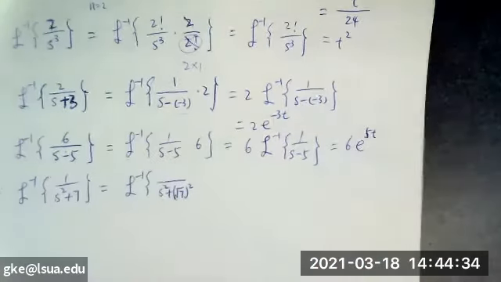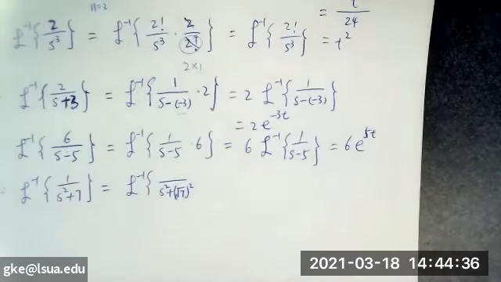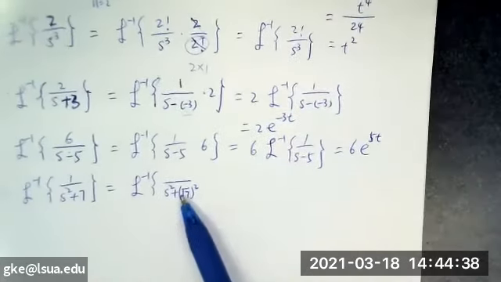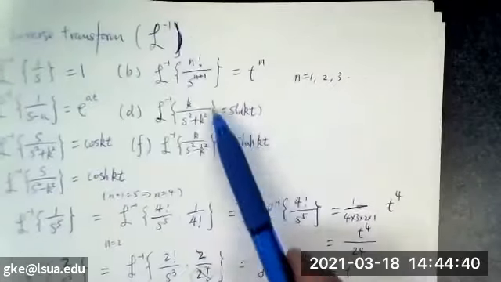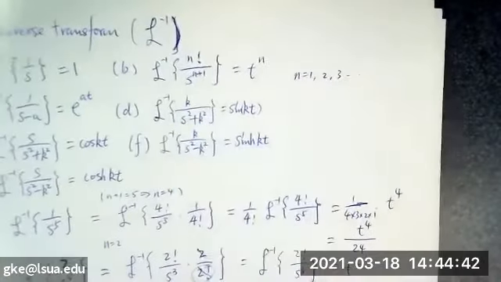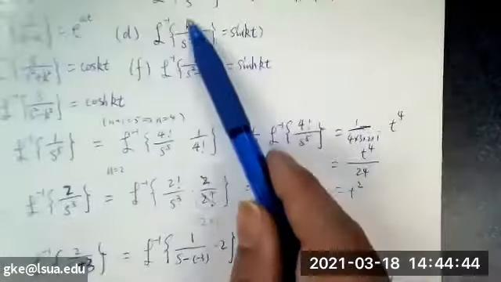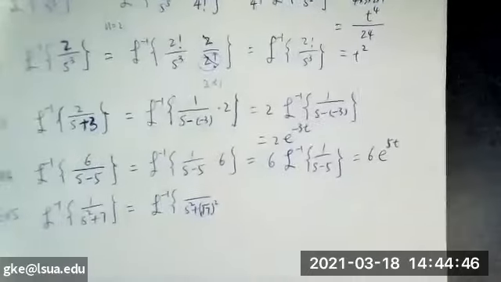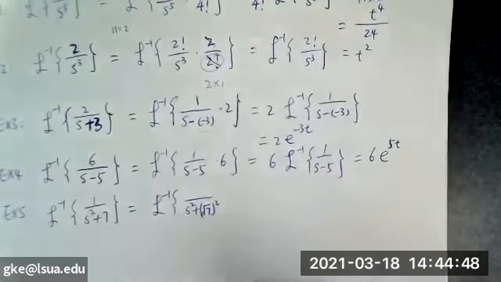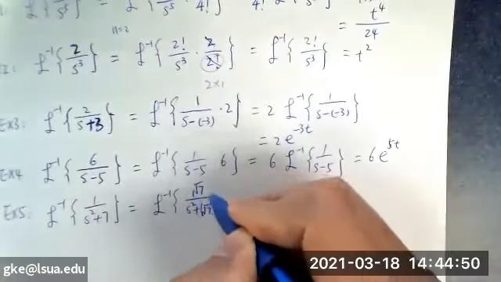Square root of 7 squared. So we know the k is square root of 7, not 7. Here's the square, and the numerator should be square root of 7.